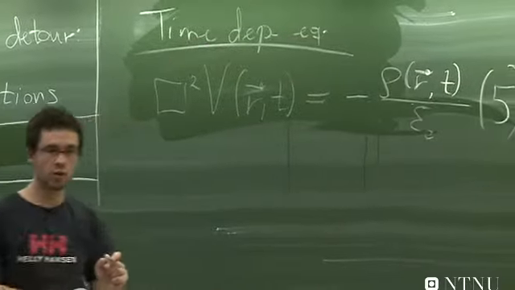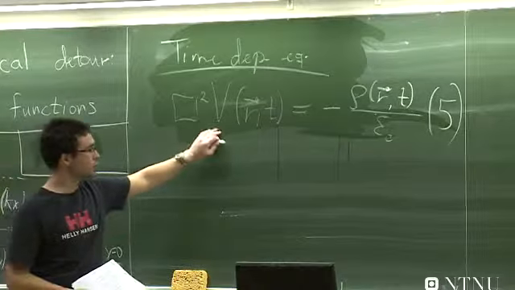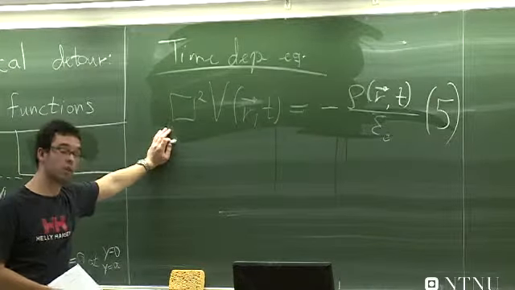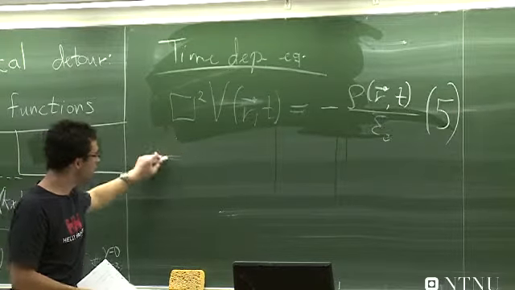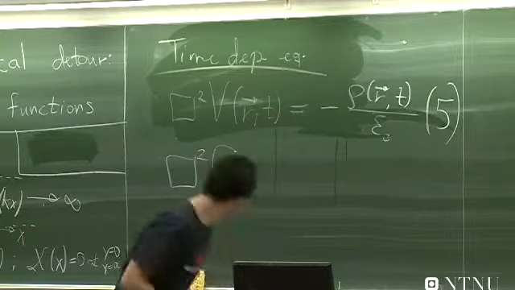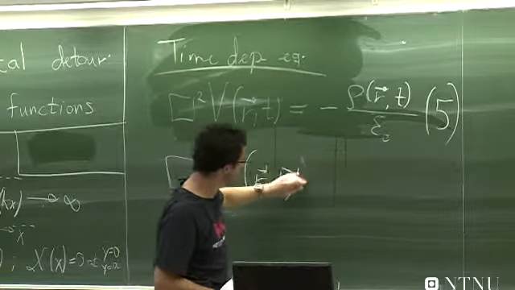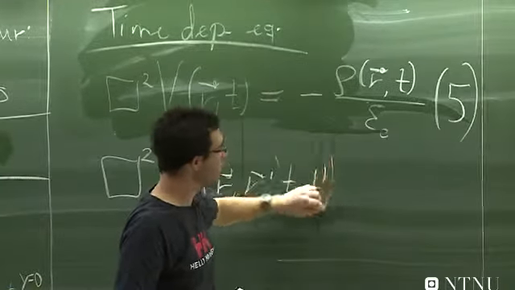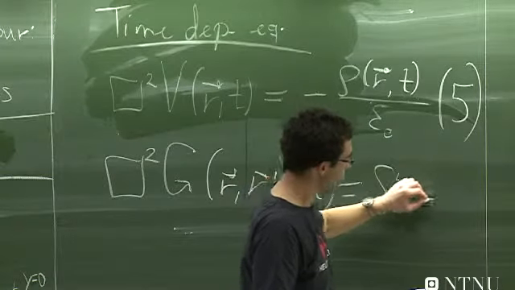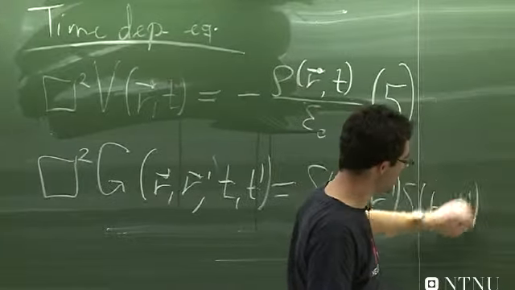So this is the stuff we were discussing before we started this detour into Green's functions, this wave equation with sources for the potential. And the Green's function is defined in the same way as before. The d'Alembertian of g of r, t, r prime, t prime is equal to delta of r minus r prime delta of t minus t prime.